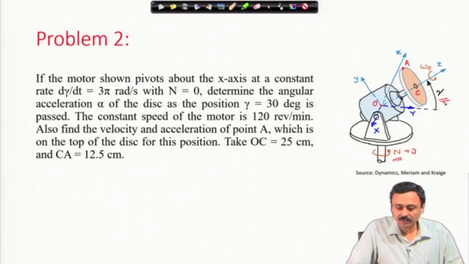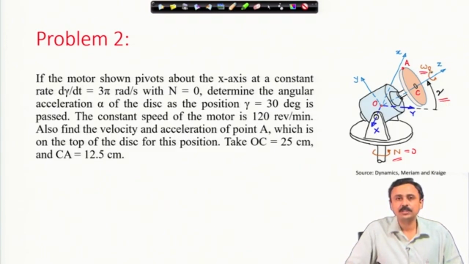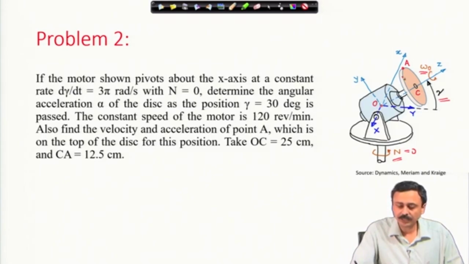The constant speed of the motor is 120 revolutions per minute. Therefore, we are specified this omega naught, which is the spin speed of the disc. Also find the velocity and acceleration of point A as shown in the figure, which is on the top of the disk for this position.